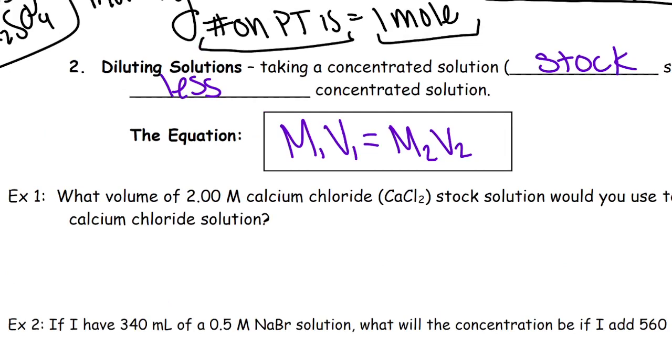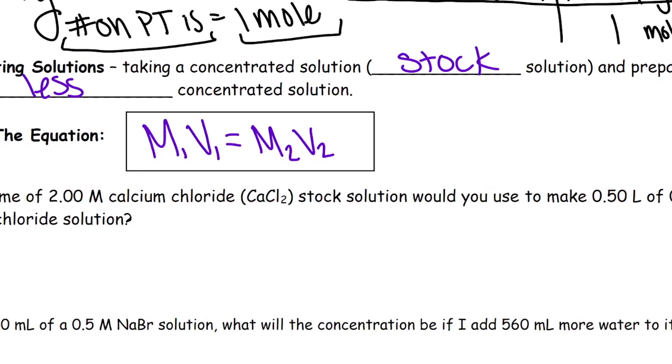What matters about these is that they are measured in the same units each time. So it's okay in this equation, volume can be measured in milliliters or in liters as long as it matches on both sides of the equation. So the volume that you put in has to be the same units as the volume that you get out.